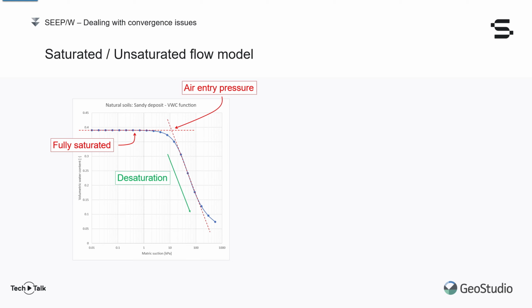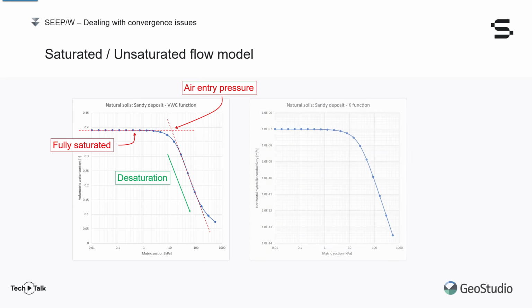The volumetric water content function should be defined in SEEPW when a saturated-unsaturated soil model is used and a theoretical capillary model is used to estimate the hydraulic conductivity. If the hydraulic conductivity function is manually defined, and whenever a transient seepage analysis is performed, the volumetric water content function must imperatively be defined.